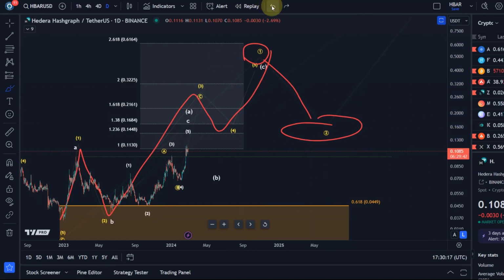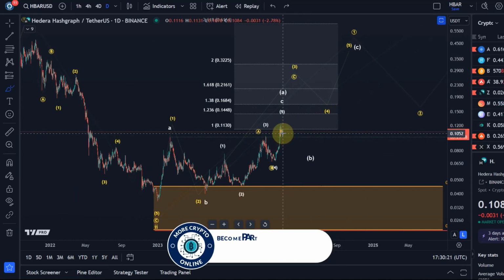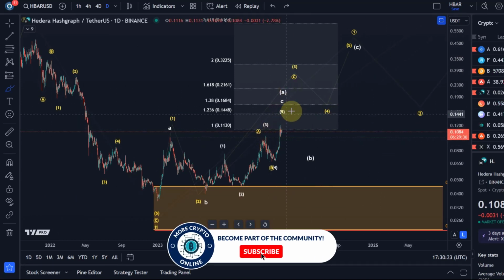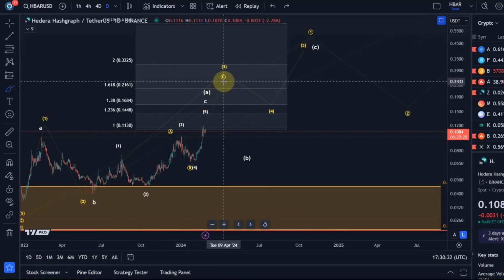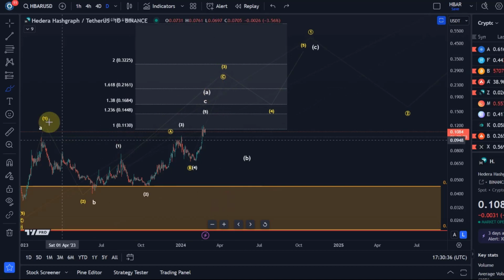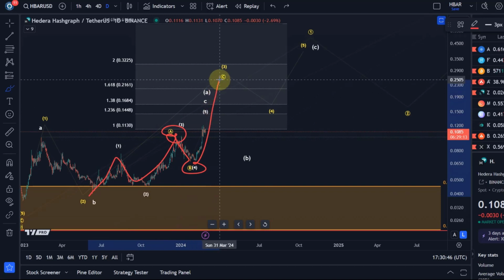This is one scenario which I'm following, which however would require the price to push higher more directly, absolutely minimally to 14.48 cents. But looking at the internal wave structure, which is an ABC structure, it points rather towards 21 cents, maybe even a little higher. We're looking at this ABC structure in wave A, then we have the B wave pullback and the C wave rally.